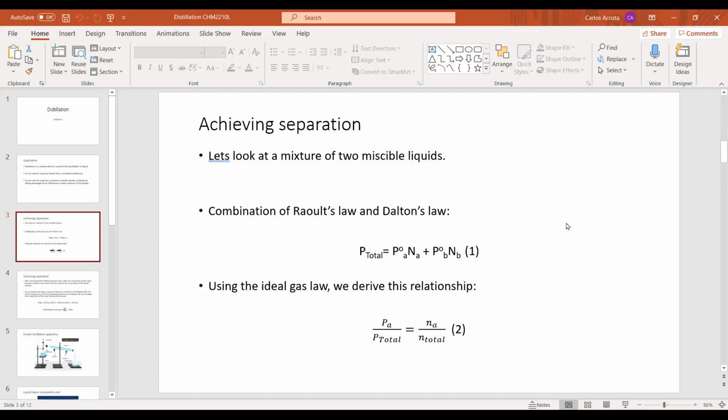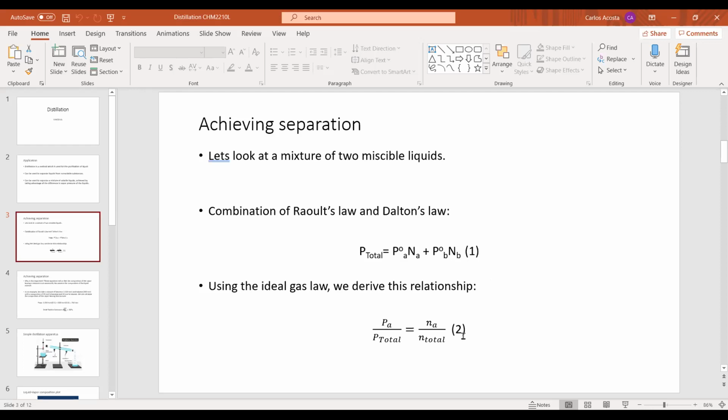So equation 1 in your lab manual, it's a combination of Raoult's law and Dalton's law. All that it says is that the total vapor pressure produced by the mixture is equal to the mole fraction of component A times the vapor pressure of pure A plus the mole fraction of component B times the vapor pressure of pure B. Now, we could also derive another relationship using the ideal gas law.